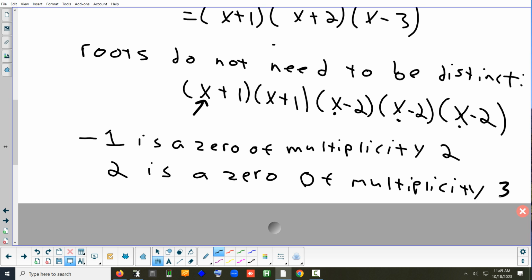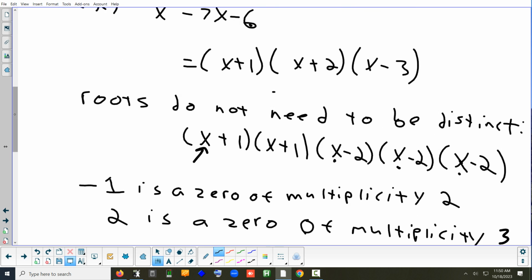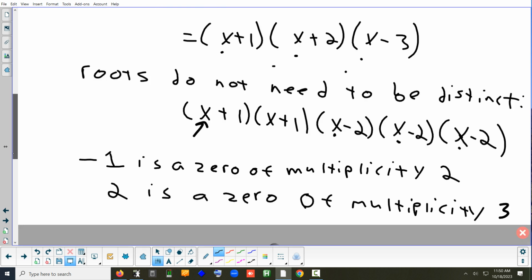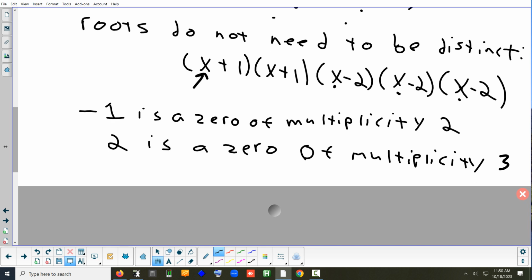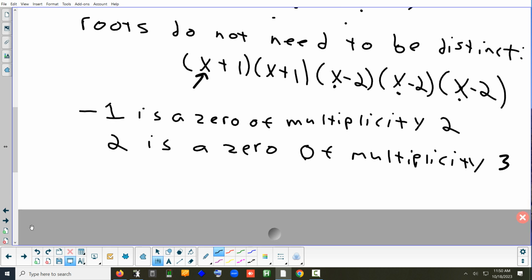We generally don't have to identify how many times an answer repeats, if it does at all. How about in this top one? Are there any repeats in those answers? No. -1, -2, +3. Question on that?